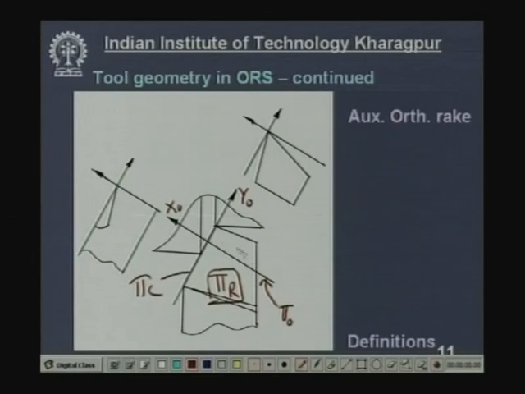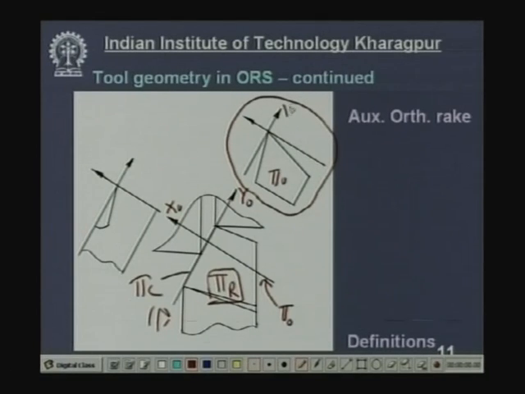Now, you have to take the section of the cutting tool along this pi o plane, the orthogonal plane, and if you take the section and look at the remaining portion of the cutting tool from this side, this is the view you get. In which plane has this diagram been drawn? In the orthogonal plane.